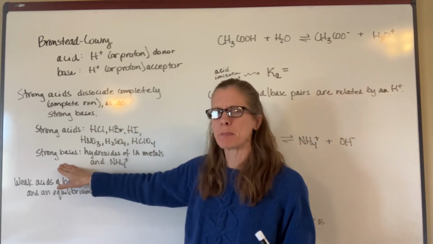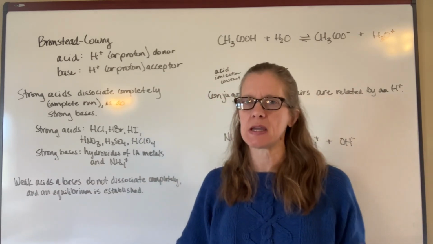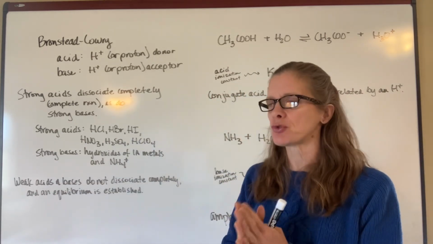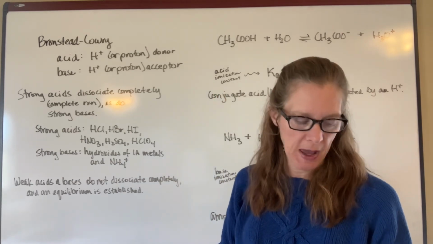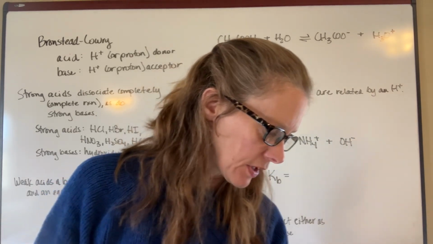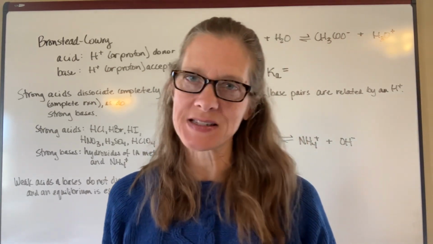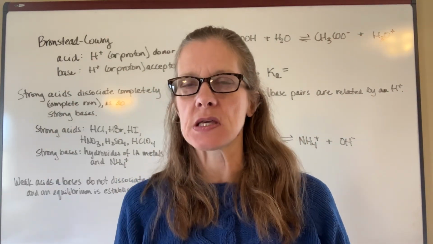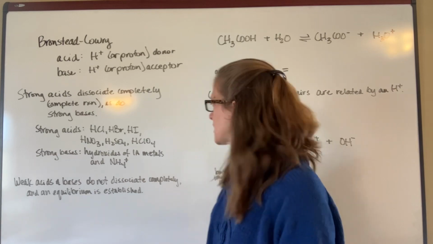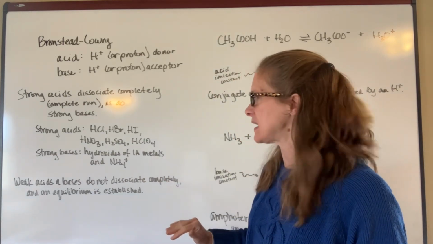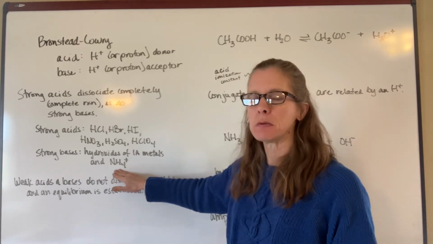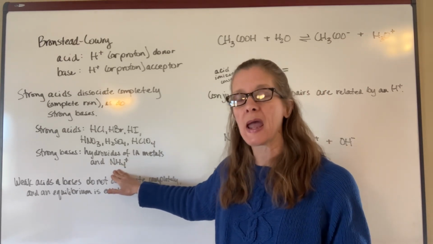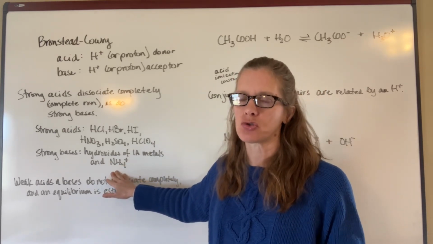And then strong bases, which will dissociate completely, are any hydroxides that are made from the 1A column of metals. So lithium, sodium, potassium, and anything in that column that you make a hydroxide out of, that will be a strong base, as well as if you have the hydroxide of the ammonium ion, so NH4OH, that will also be a strong base.